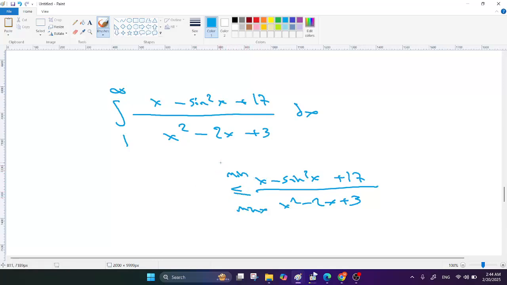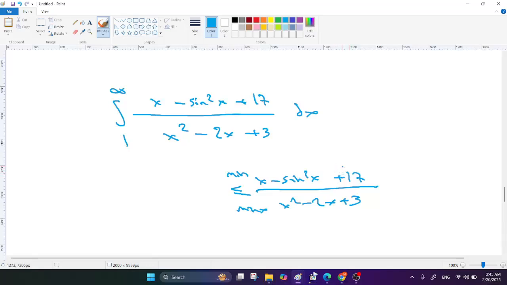So here, when you want to minimize, what should we do now? We want to minimize, right? Here we have 17.